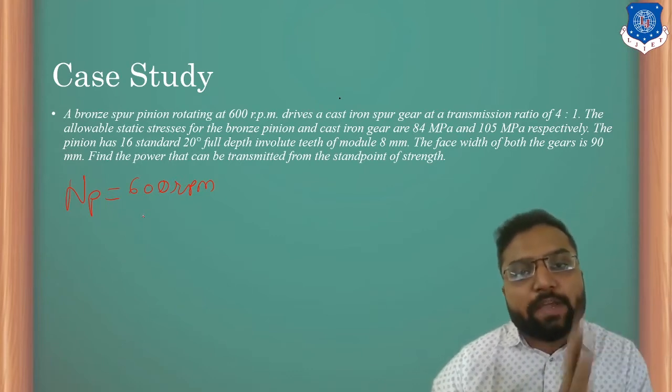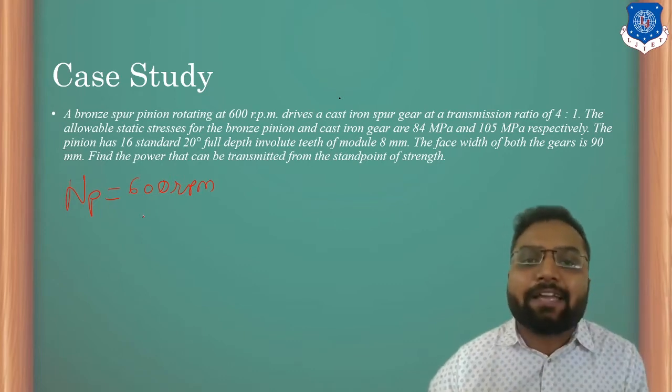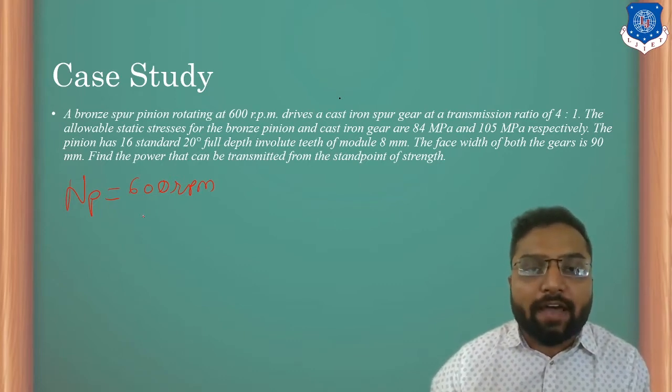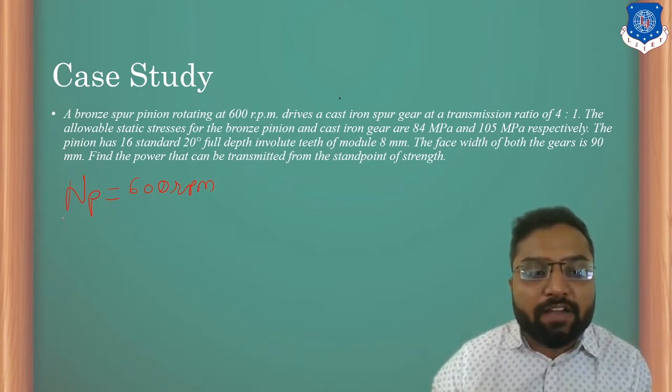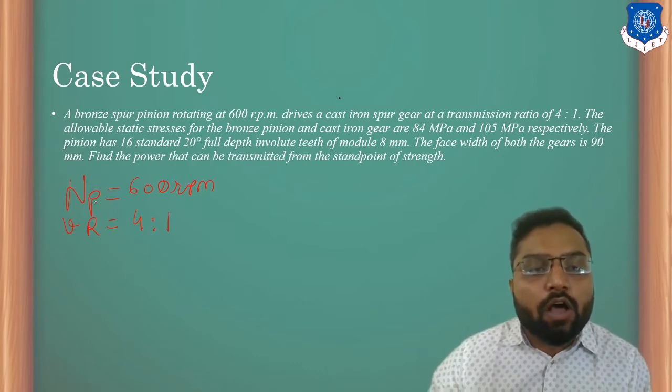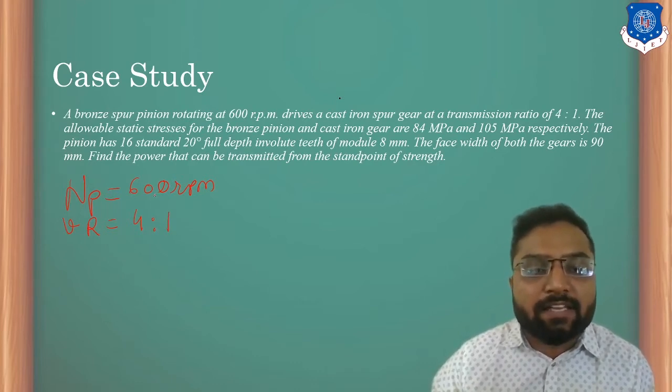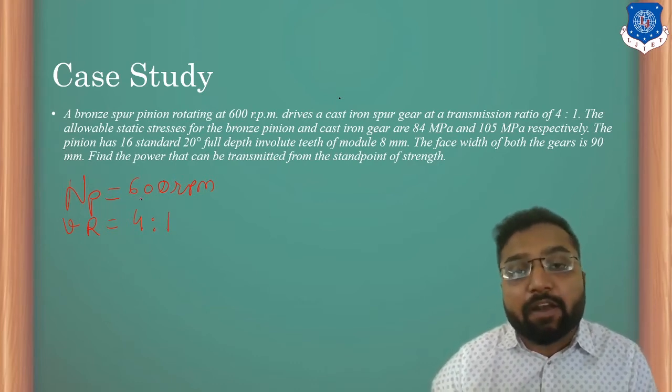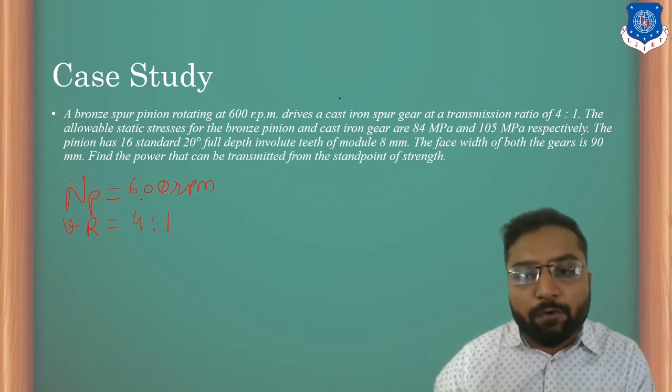So a bronze pinion is driving a cast iron gear which has a velocity ratio of 4:1. Clear? So the RPM of our pinion is 600 and the RPM of the gear will be 600 divided by 4.